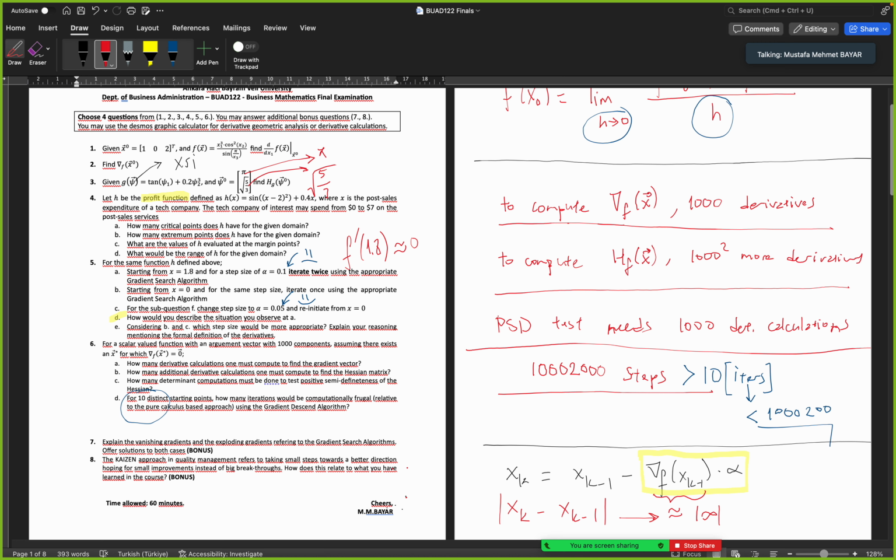So how does this relate to what you have learned in this course? The calculus approaches try to teleport you to good solutions, local optima. On the other hand, the local search algorithms just move slowly and steadily towards better solutions. So that's the short explanation for question 8.